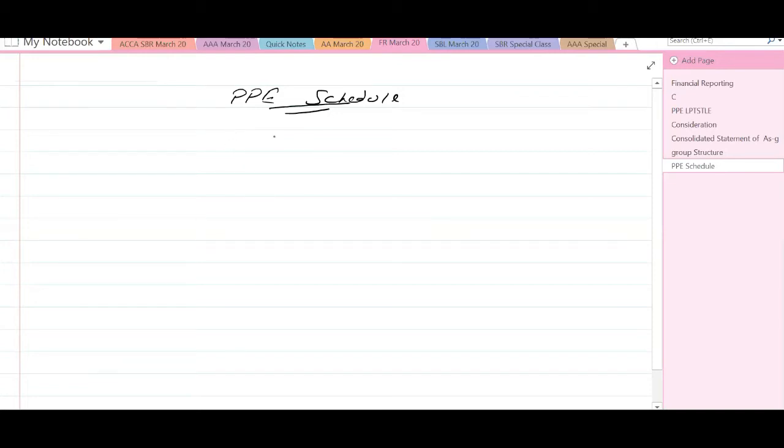So PPE schedule, and then you have the leasehold. Okay, let's go back again. Leasehold property. All right, you have owned plant and equipment. And then you have right of use.